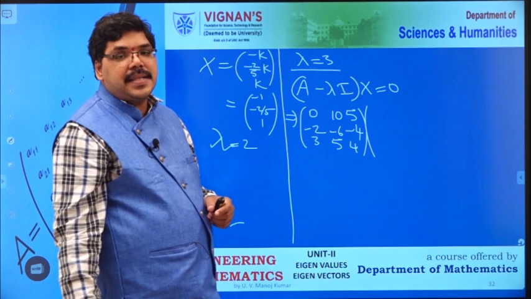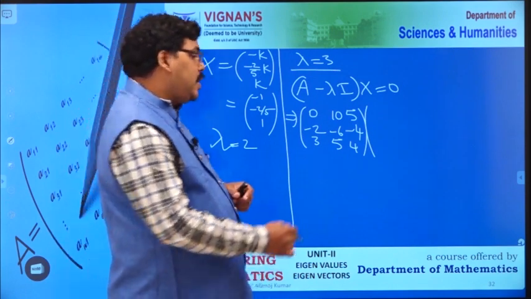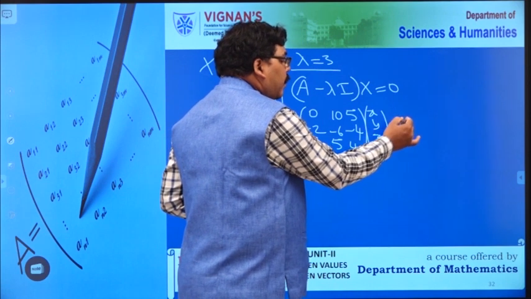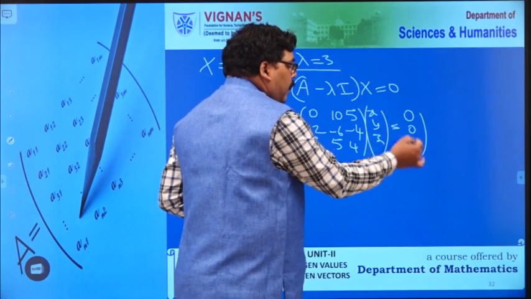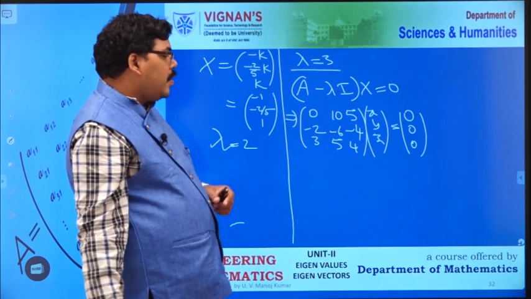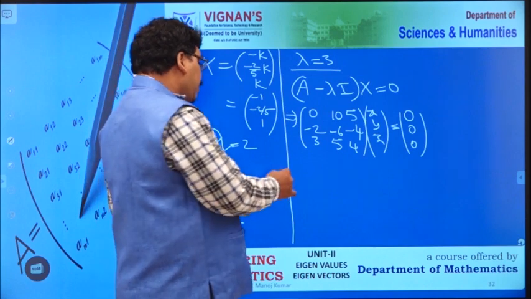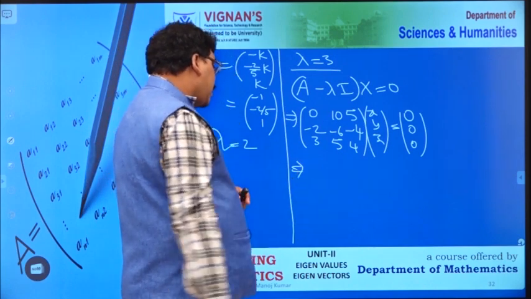Since the matrix size is 3 by 3, there are 3 variables x, y, z. Now you apply the operations to reduce this matrix into echelon form. So interchange the rows.